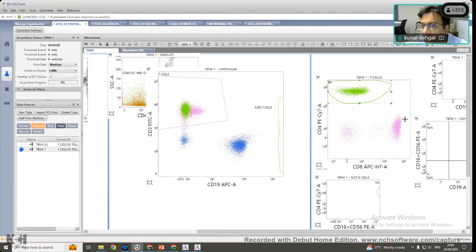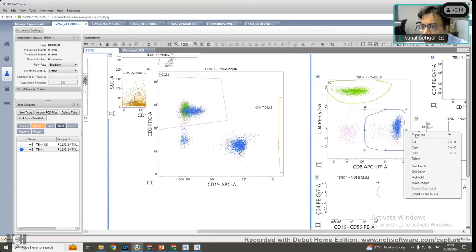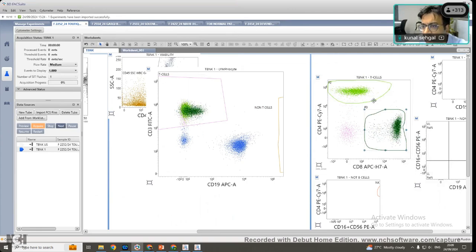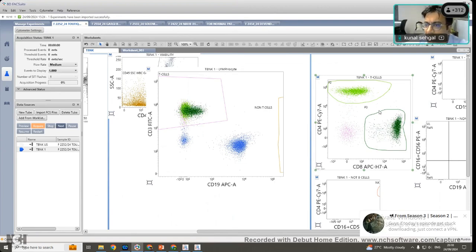I can make a gate around my CD8 positive lymphocytes and give it a dark green color, and the light green are my CD4 positive lymphocytes. They are 45.65%, and these are 44%, almost equal in this case. There are also leftover cells which are CD4 CD8 double negative. They normally exist.